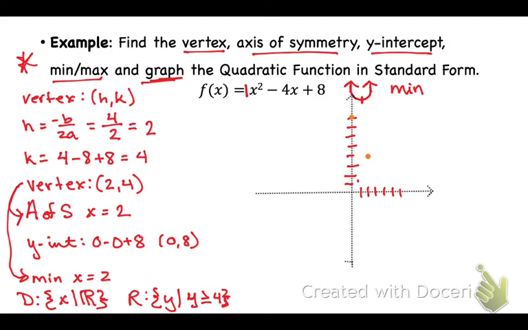Zero is 2 to the left of 2, correct? And it's 8. So 2 to the right of 2 would be 4, and it is also going to be what? 8. How do I know it's going to be 8? Because these are what?